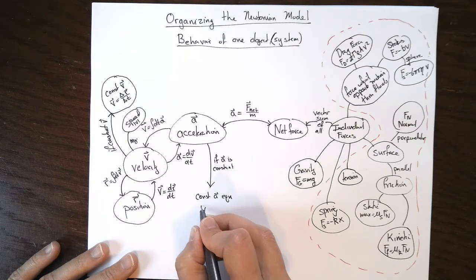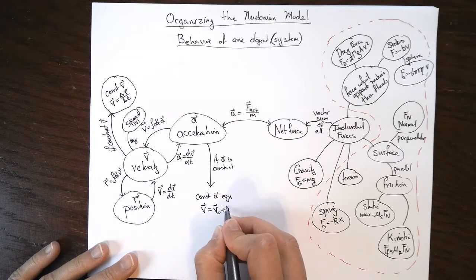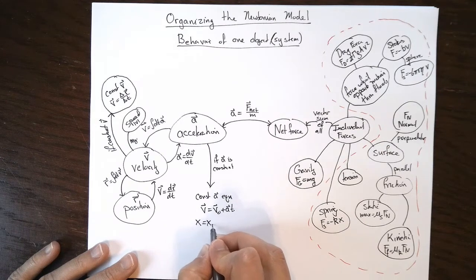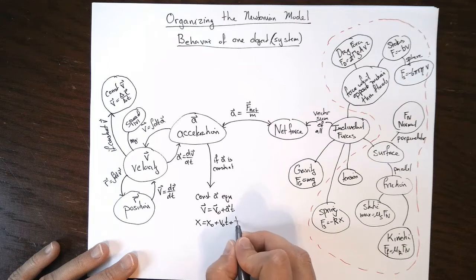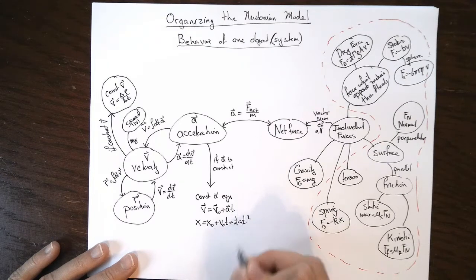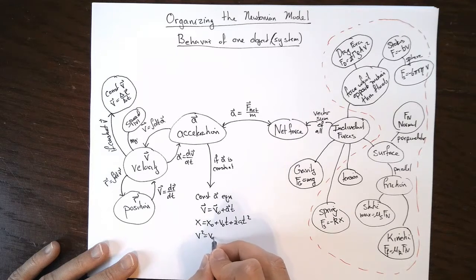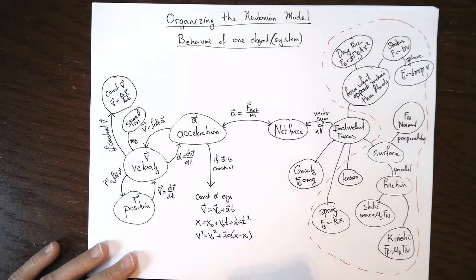And those are: the final velocity equals the initial velocity plus the acceleration times time. Final position is initial position plus the initial velocity times time plus 1/2 the acceleration times time squared. You can also get the square of the final velocity is the square of the initial velocity plus 2 times the acceleration times the change in position.